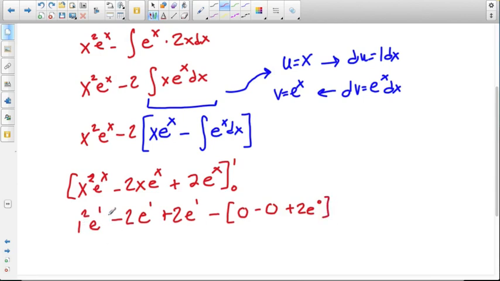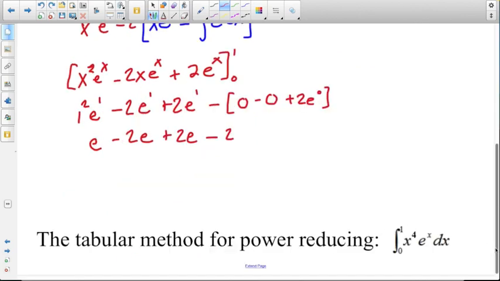And so we end up with, let's see, e minus 2e plus 2e minus 2, because e to the 0 is 1. So the value of this definite integral then is, these will cancel, e minus 2.